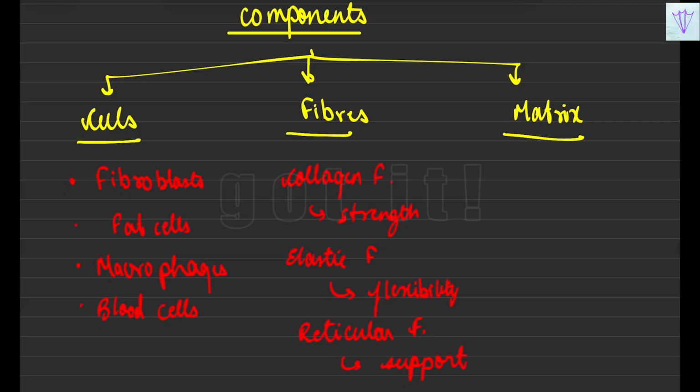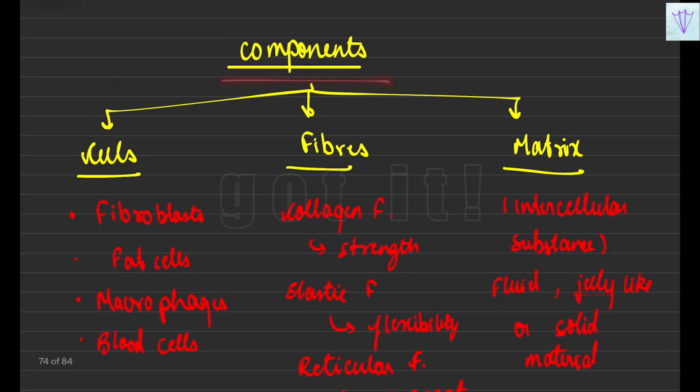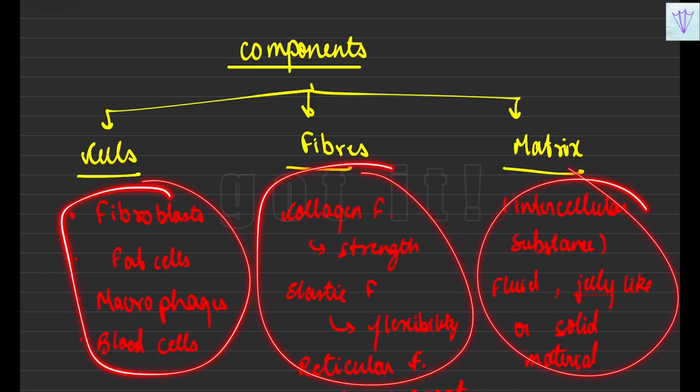And the matrix, as you already studied, is the intercellular substance. It can be fluid, jelly-like, or solid material surrounding the cells. So these are the components of connective tissue: cells, fibers, and matrix.